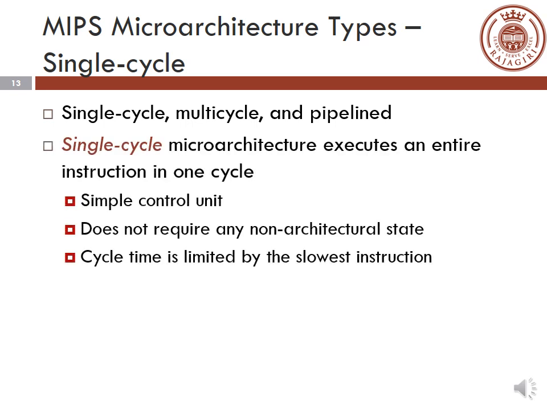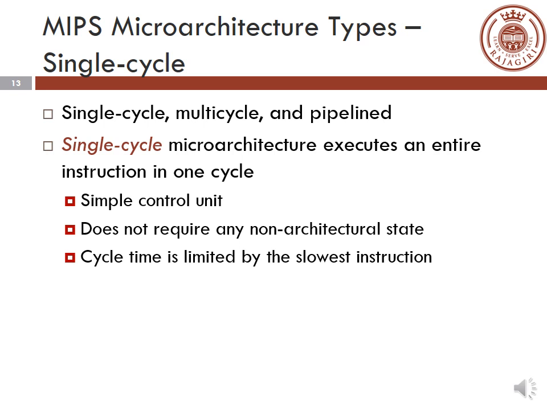Our focus is mainly on single cycle and multi-cycle microarchitectures. Pipeline is given just as an introduction, or a brief overview, but we are concentrating on single cycle and multi-cycle based microarchitecture types.